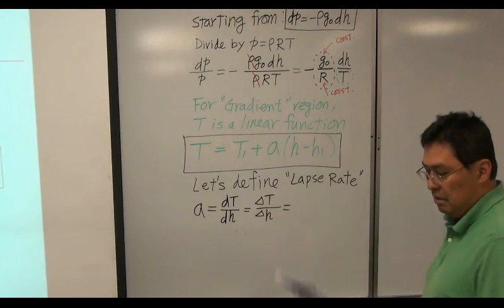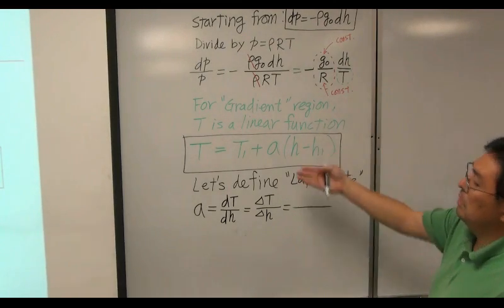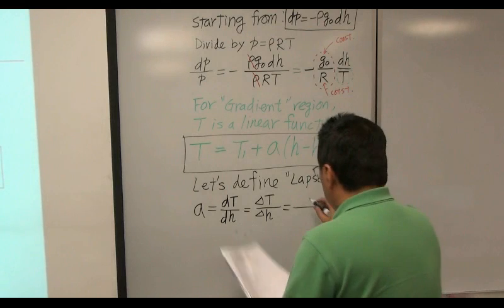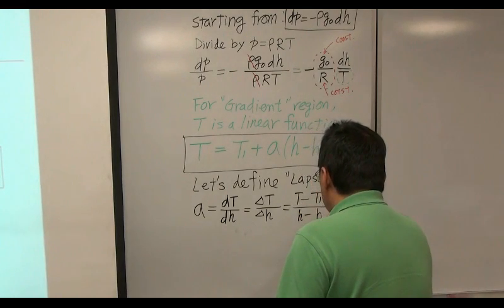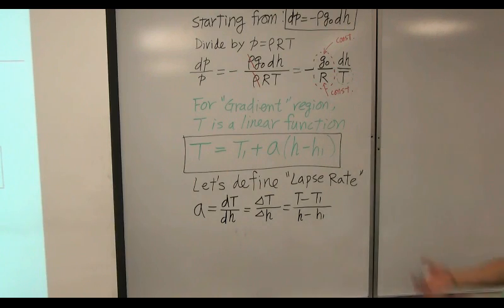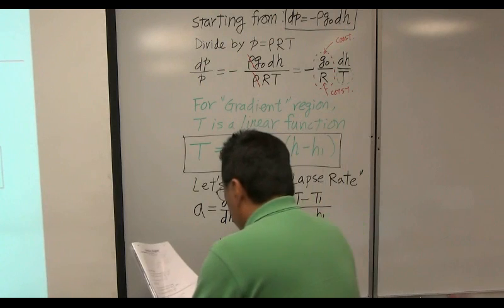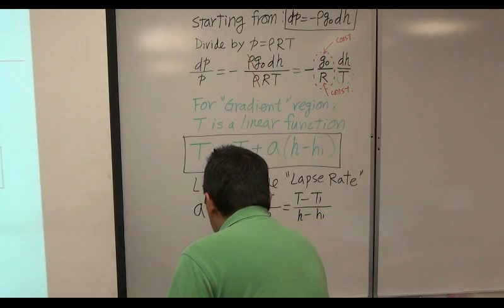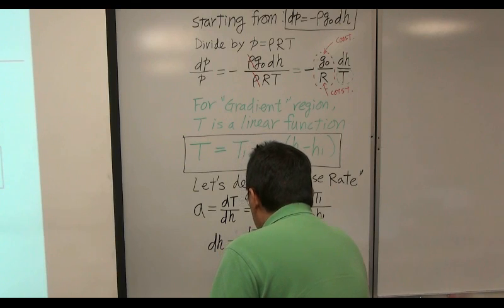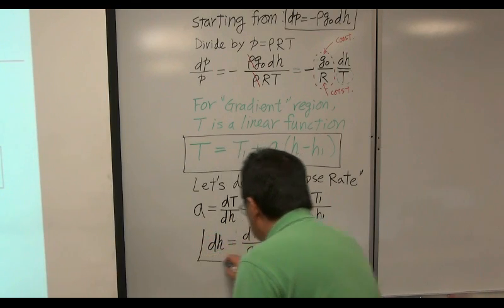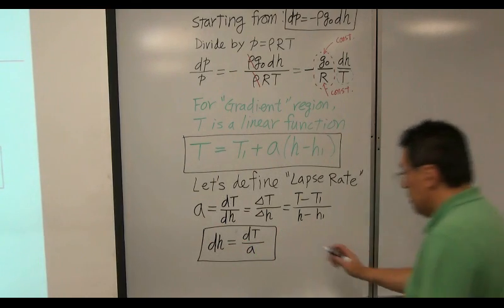Because it's linear, this really means that between the base and an arbitrary location of altitude, T minus T1 over H minus H1 is called lapse rate. So from here, you can say, what is dH equal to? dH is dT divided by A. Let's call this equation 1.